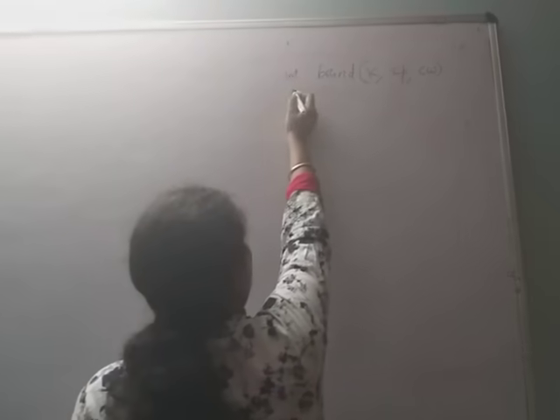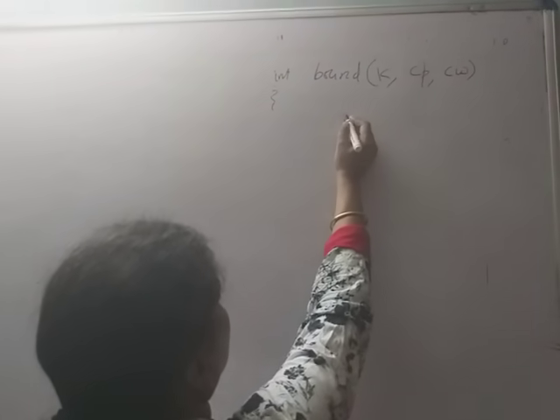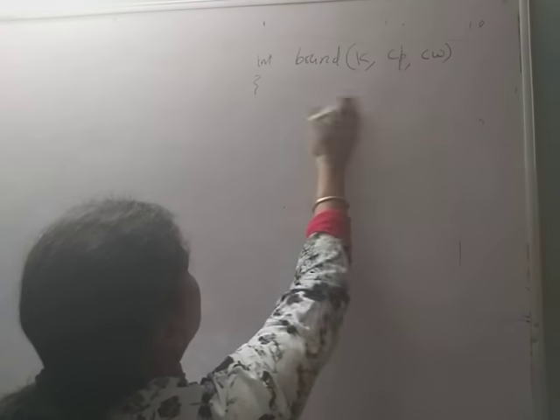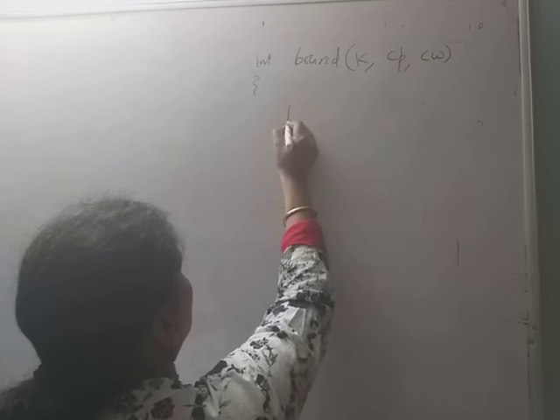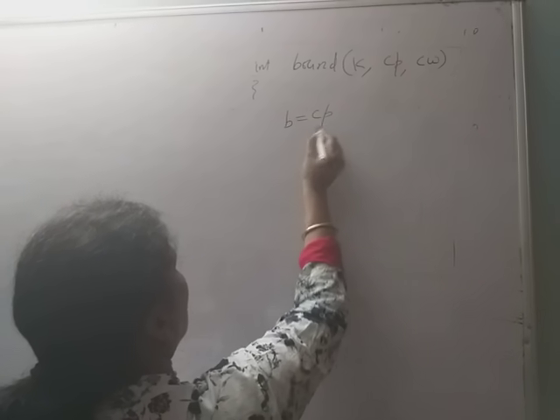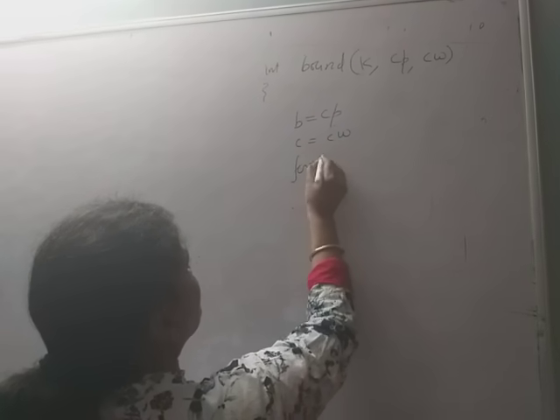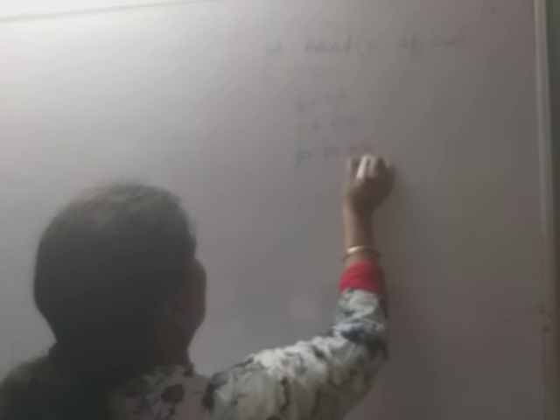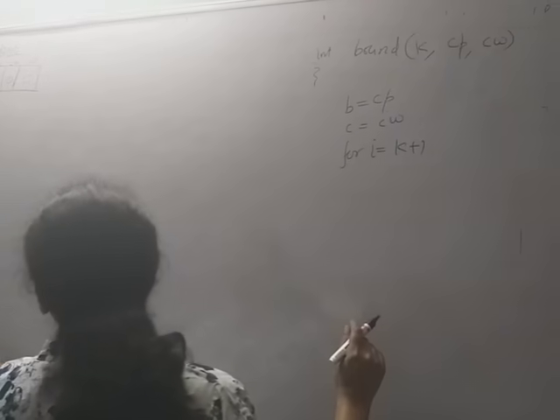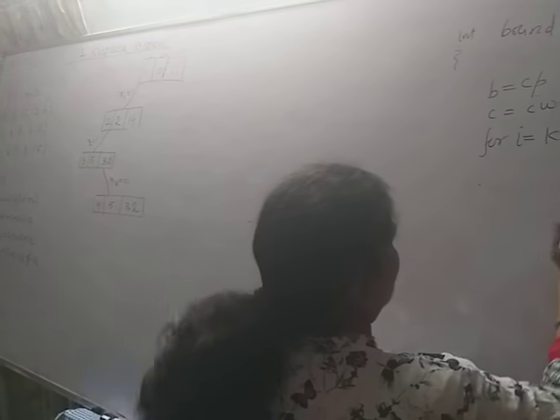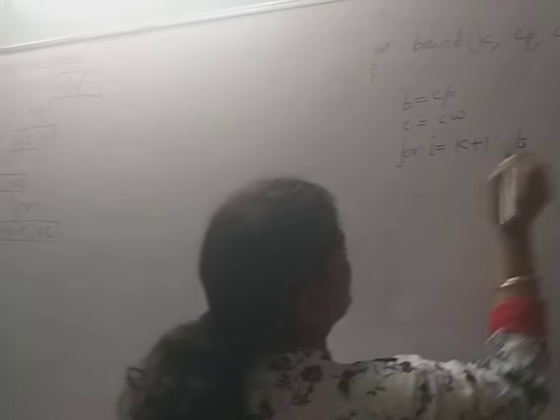Here I'll take temporary variables, b equal to cp and c equal to cw. For i equal to k plus 1 to n, that is 4 to 5.